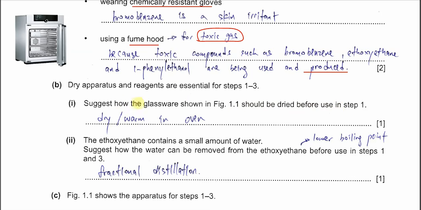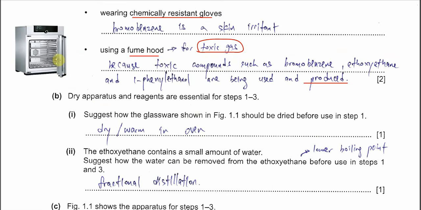We just dry the glassware in the oven. In the oven we can control the temperature, normally a higher temperature like between 70 to 80 degrees C, and because there is airflow, we can use the hot air to make the drying process faster.